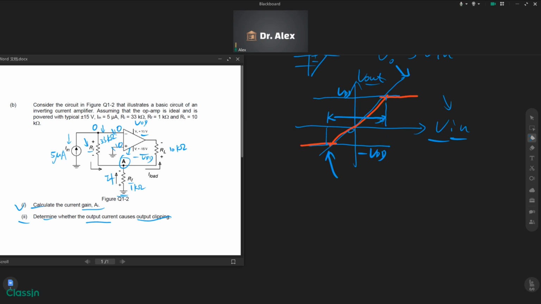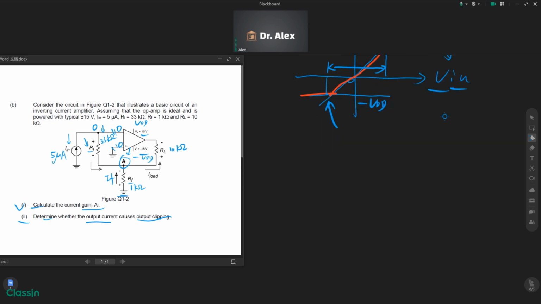This phenomenon is clipping. All right, that's the basic background idea or theory. Now we can get the output voltage.